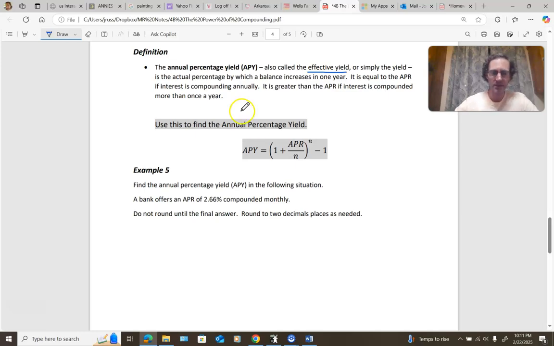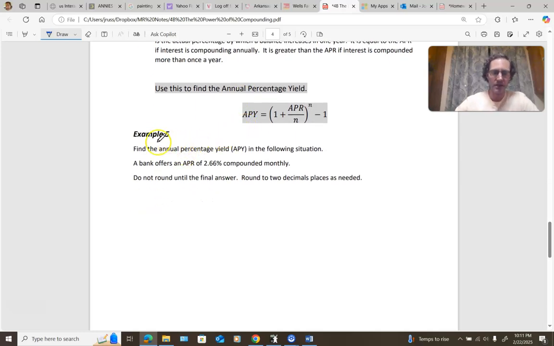All right, well, let's look at this example 5. It says find the annual percentage yield. A bank offers an APR of 2.66% compounded monthly. It says do not round until the final answer and then round to 2 decimal places as needed. I'm just going to use this formula. Compounded monthly means that N is going to be 12.